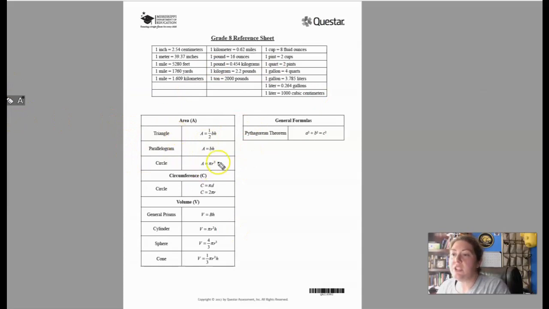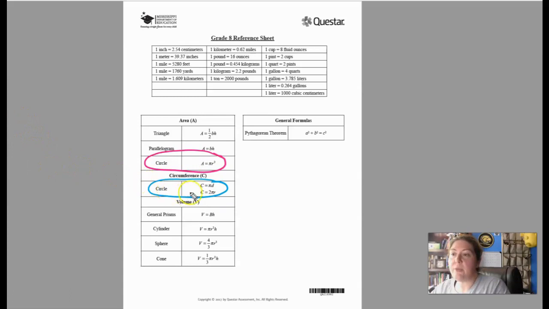On this particular sheet, we're looking for the area of a circle and the circumference of a circle. Remember, area is how much flat space something takes up. Circumference is like perimeter. It's the fancy word for circles that means around the outside. So these are the two that we're going to use in this section.